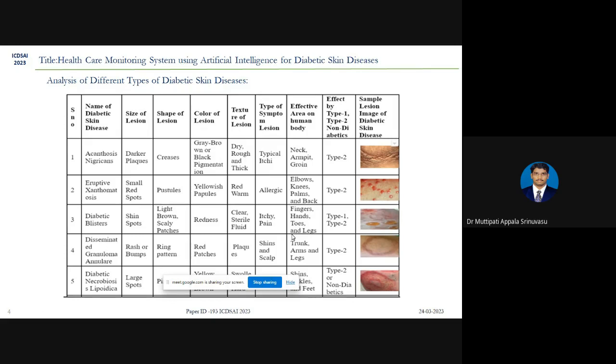So why do you consider only the low data set? Why don't you go with the high one? Sir, actually, we searched some of the data sets, but as per our research findings, we have taken only one particular type of disease, sir.